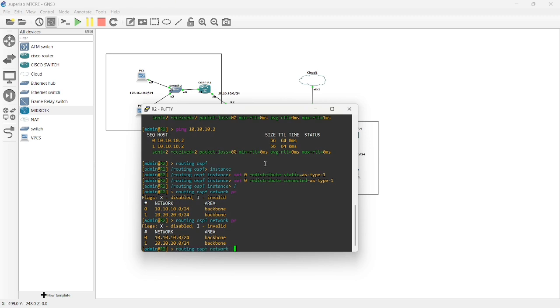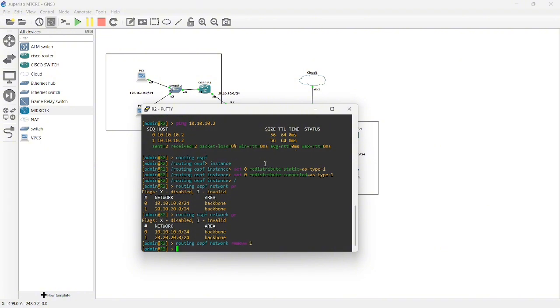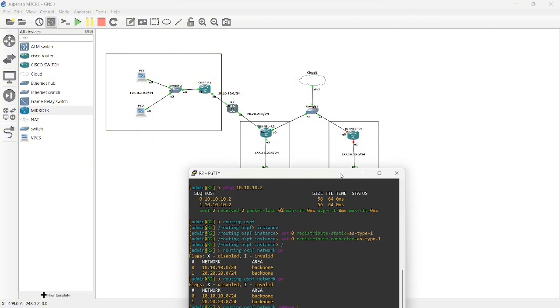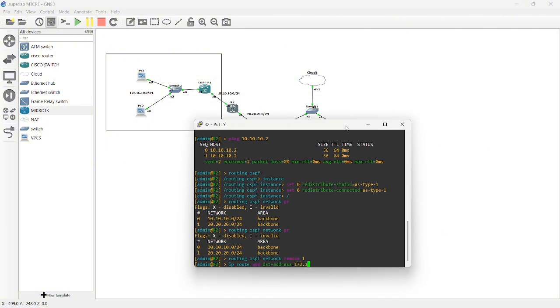Okay, routing OSPF network print and remove the one toward router 3, because router 2 is placed for redistribution of static and dynamic.